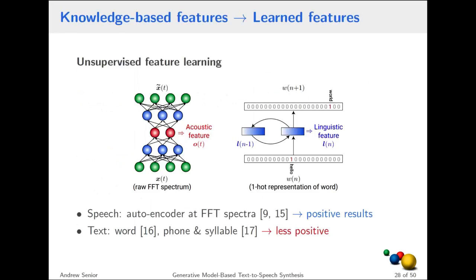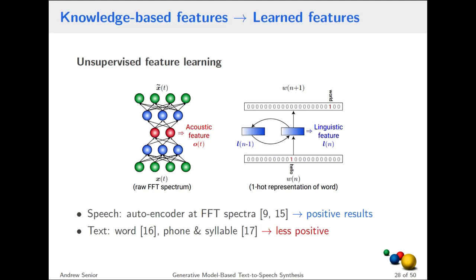So, what are the newer things that they're trying to push the boundaries on, not just modeling this mapping from linguistic features to acoustic features? Can we expand the role of the neural network to make it more of an end-to-end system? So there's been some work on learning the linguistic features, and learning the acoustic features. There's some work on auto-encoding the FFT spectra and using that representation that you've learned.